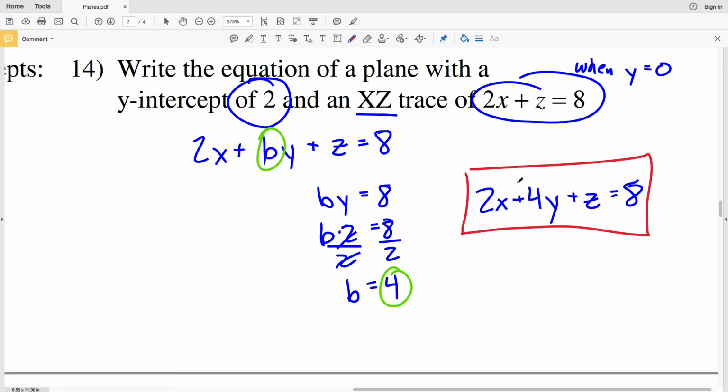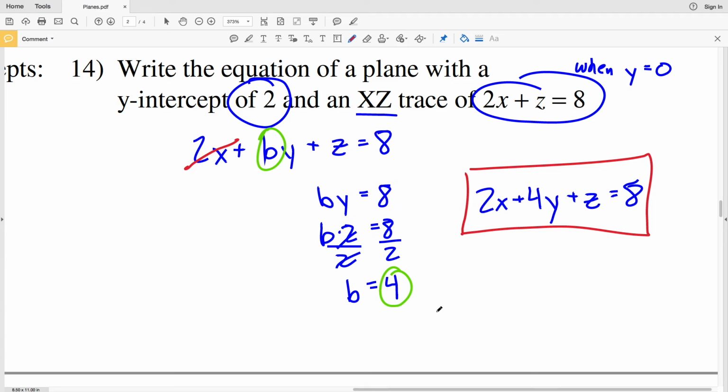And again, explaining this one more time now that we've worked through it, my trace occurs when y equals 0. However, I know that y is not 0 because we're given a y-intercept of 2. And that y-intercept is solved for when x and z are 0. So my coefficient times y equals 8 is the equation used to help me solve for my intercept, but I know that that intercept is 2, so I'll plug 2 in for y and solve for my coefficient b.